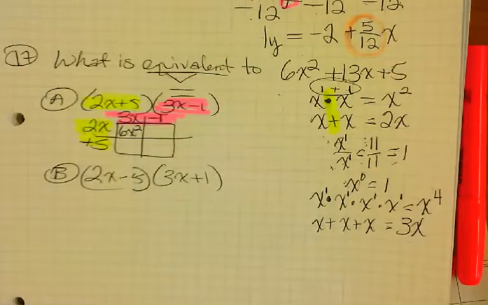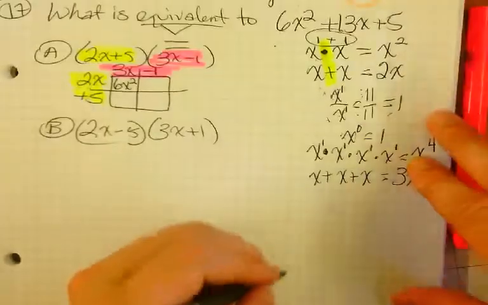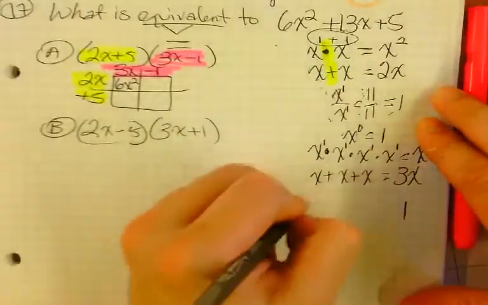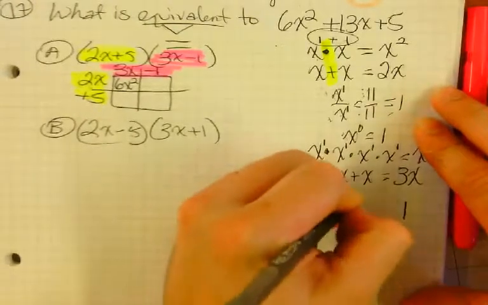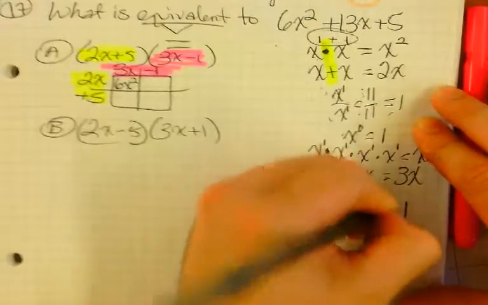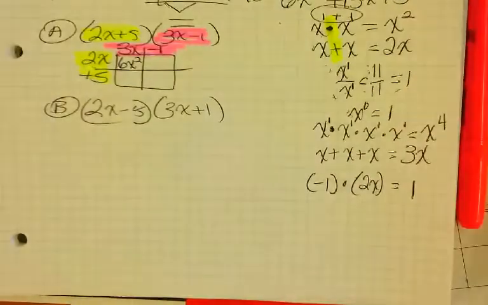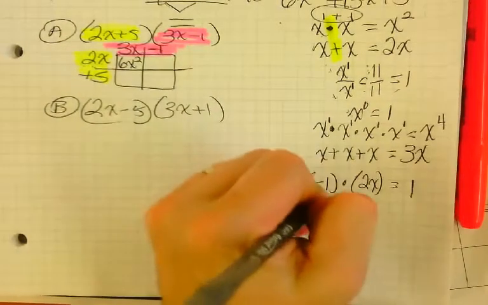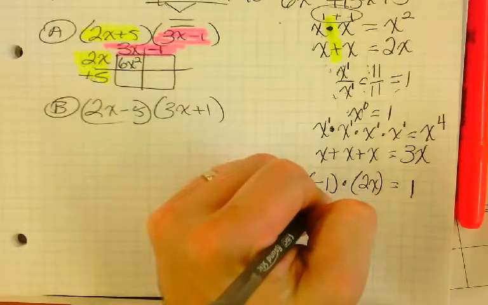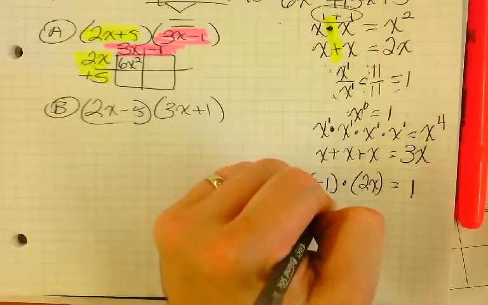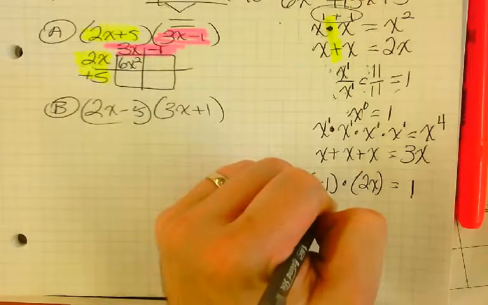Okay, cool. Tell me how you got that. What number should I write down to get to 1? I put negative 1, and I'm going to multiply it by 2x. How are we getting 1 here? What do we do with the negative 1? How do I do that? What rule are we talking about here?